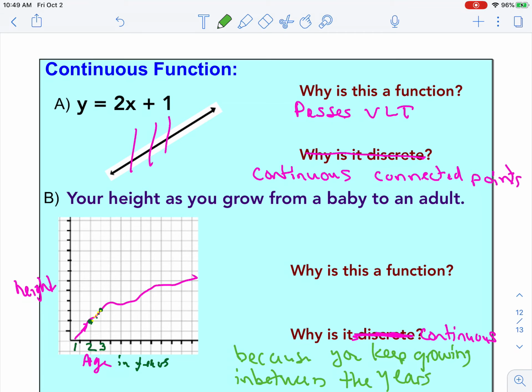You can't count, you have to measure. And this is a function because for each age, which is your X value, there is only one height.